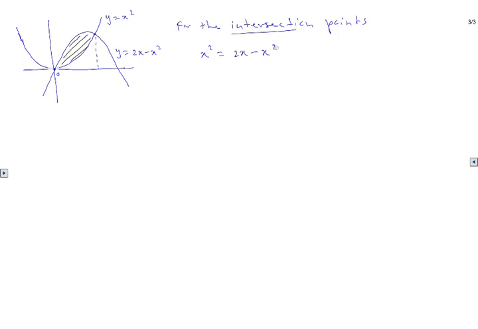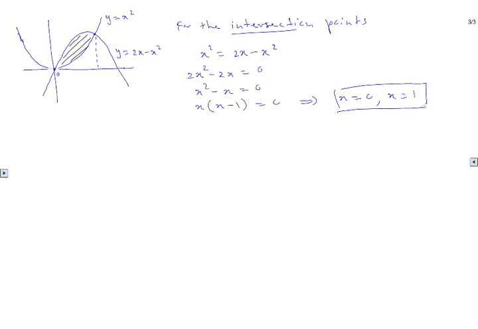That's the first step, you set them equal, and then solve. You can bring them to one side: 2x squared minus 2x equals 0. You can divide this by 2, so you get x squared minus x equals 0. And then this factors as x times x minus 1, so this gives you x equals 0 and x equals 1. So those are the intersection points.